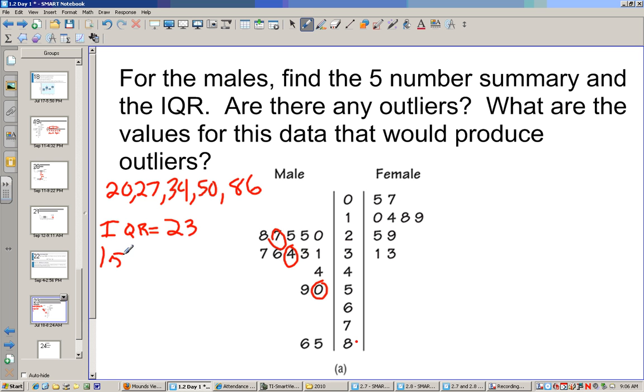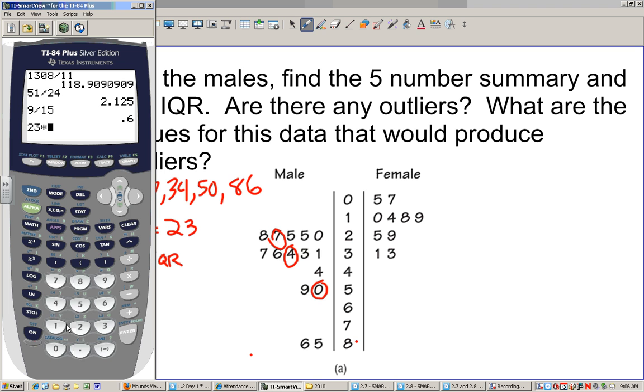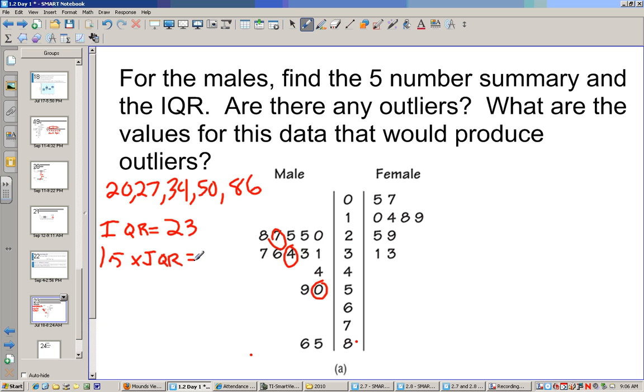Now I'll multiply 1.5 times my IQR. I should be able to do this in my head, but 23 times 1.5 is 34.5. All right, now we use this number. We add it to our Q3 and subtract it from our Q1.